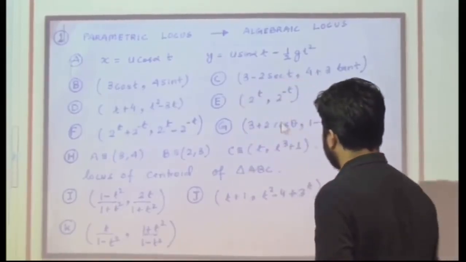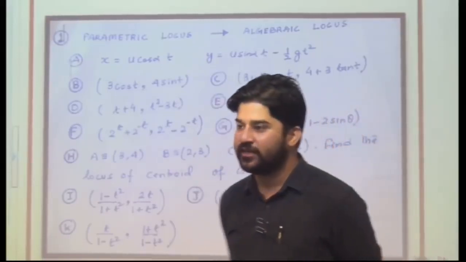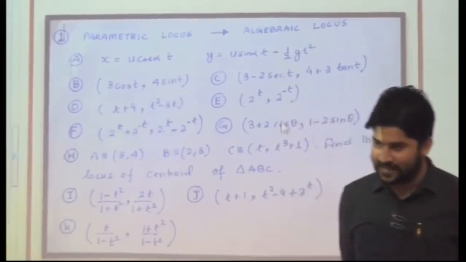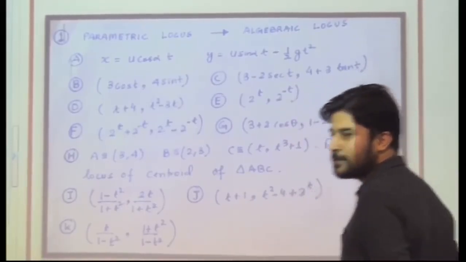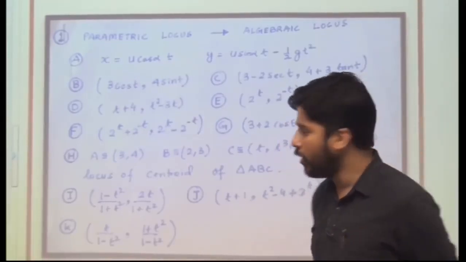Okay. So D part, all questions are very easy, very straight, direct. How to handle E? X is 2 to the power t and y is 2 to the power minus t. So what would be the locus? How to eliminate t here? What's the parameter t? How to eliminate t here?